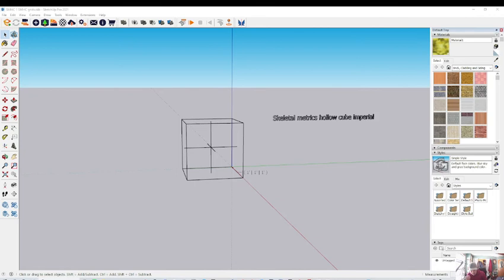In order to create the meta space necessary to conceive of an idea, it's really useful to utilize skeletal metrics so that it can organize your thoughts in a specific way. So today I wanted to explain to you and describe how this skeletal metric hollow cube can be utilized to help you think about the space of an idea and the space of objects.